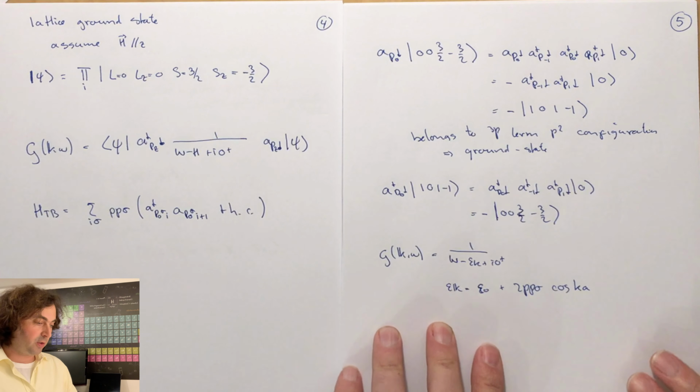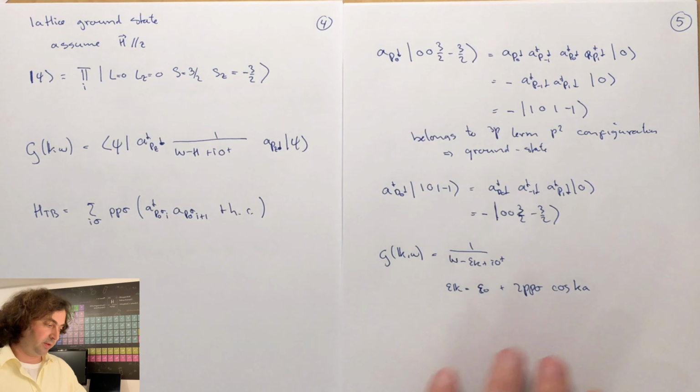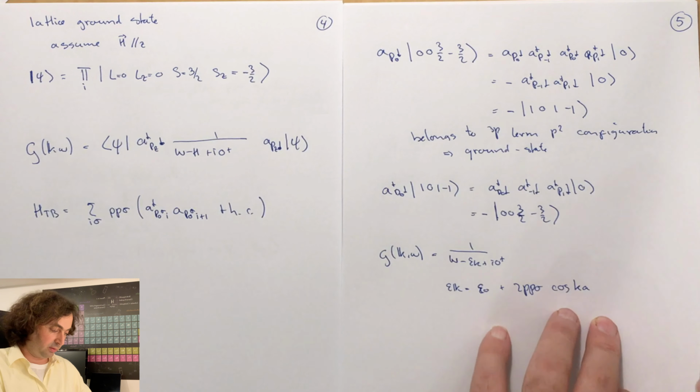So your Green's function is shifted by the Coulomb interaction, but you still have the normal dispersion.